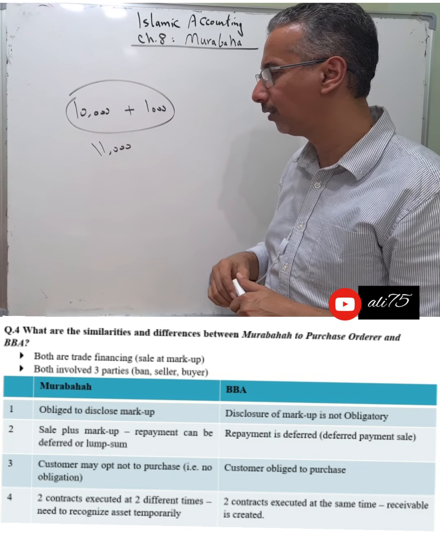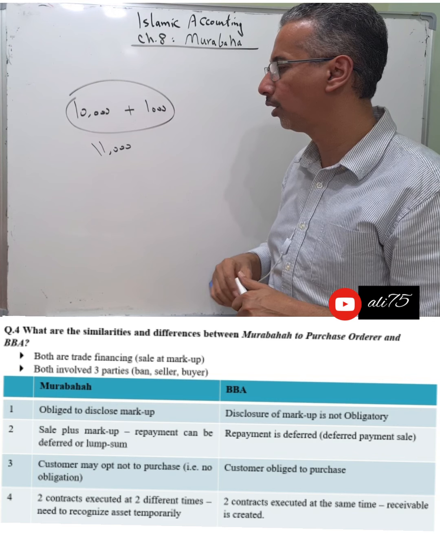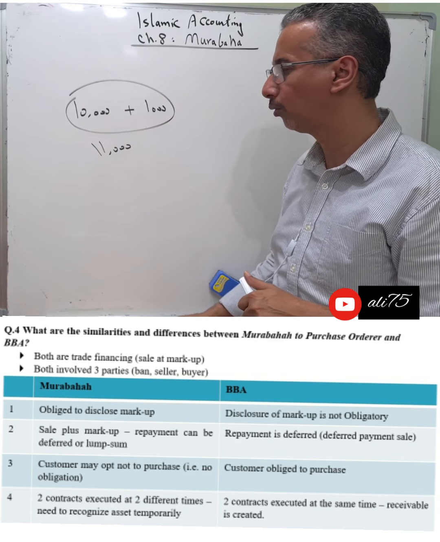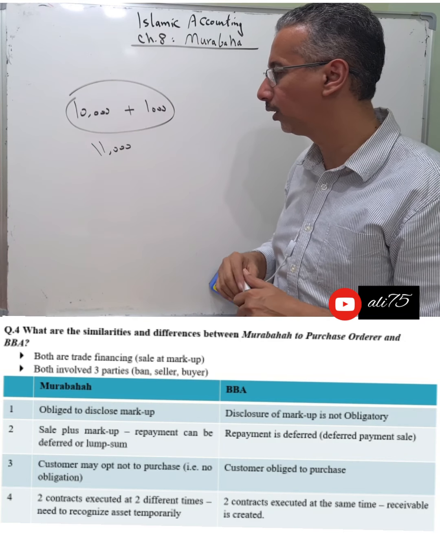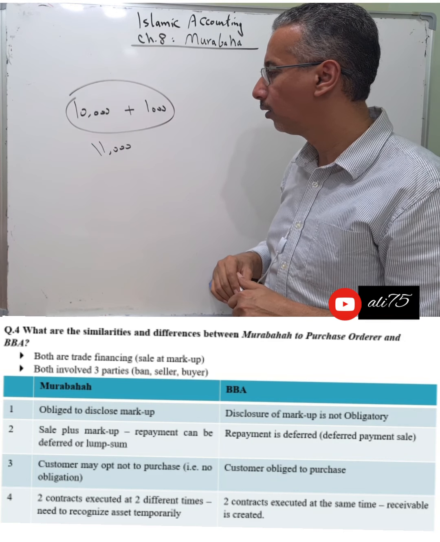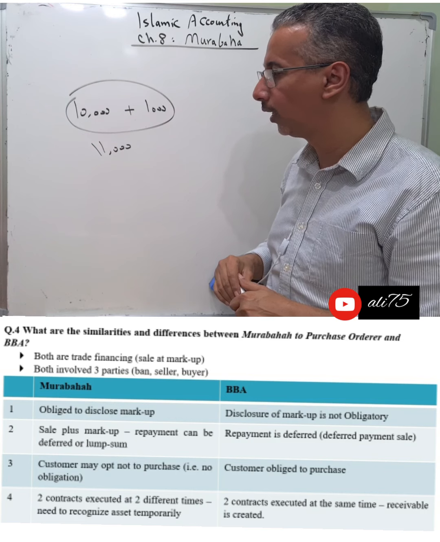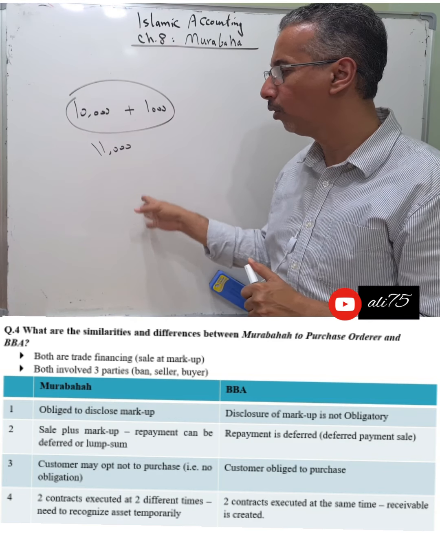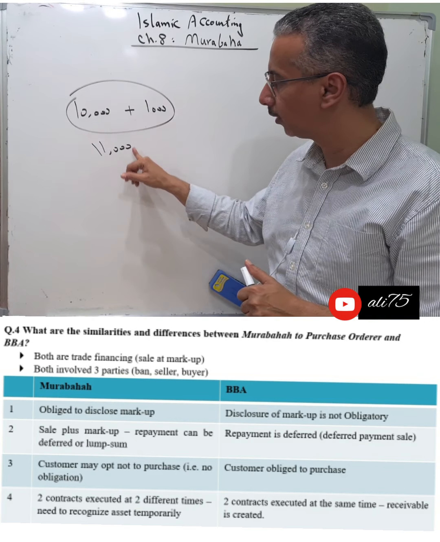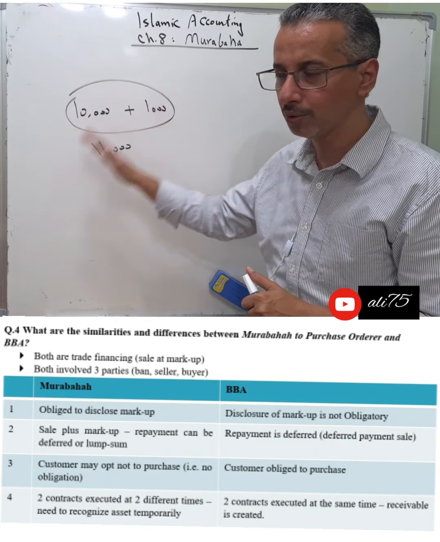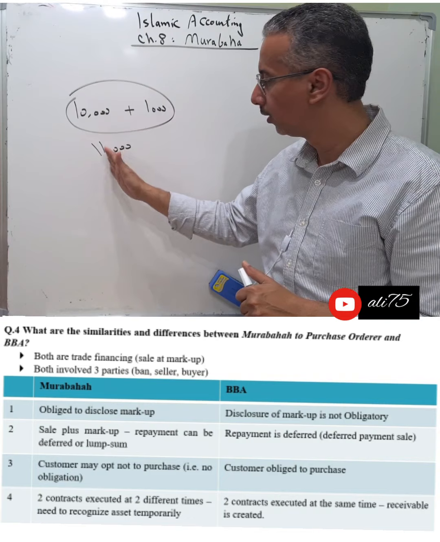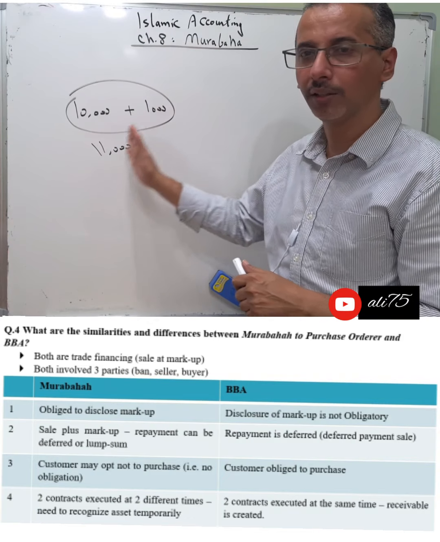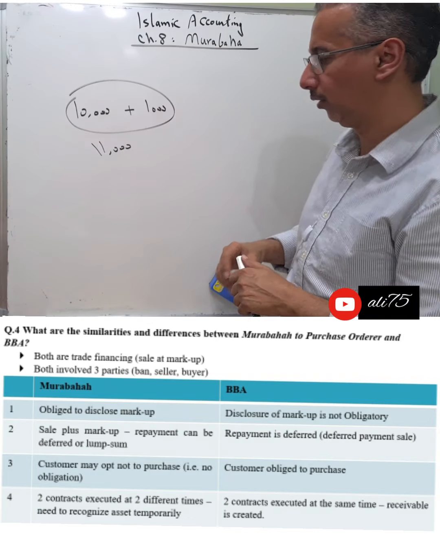It is basically a trade deal in which the seller allows the buyer to pay the price of the commodity at a future date, either in lump sum or installments. They pay it lump sum, 11,000, after 2, 3, 5 years, or as installments monthly. They have to pay 200, 300, depending on the period of the contract.